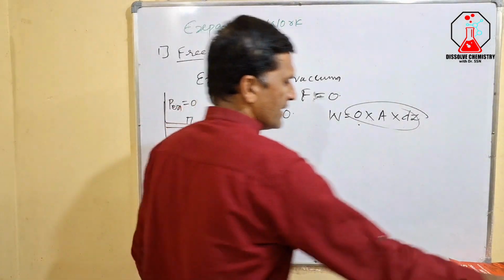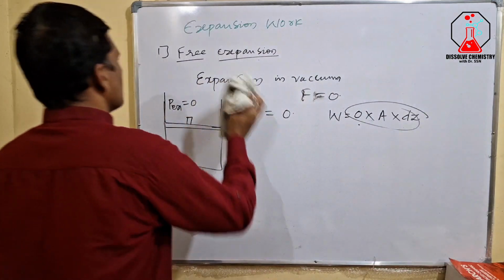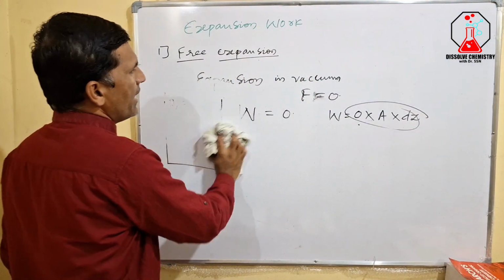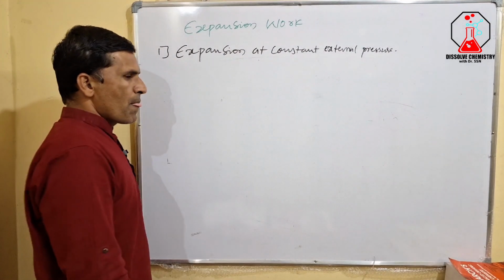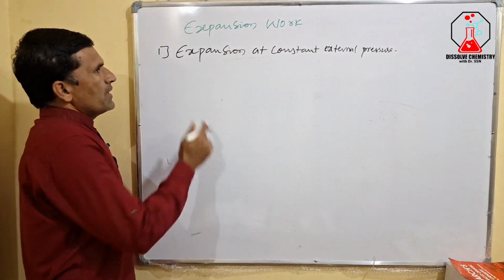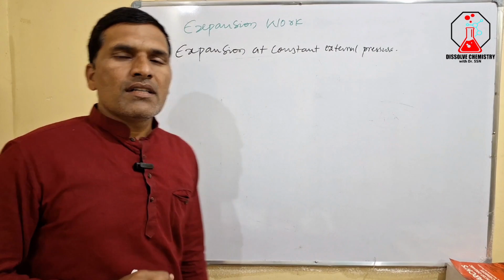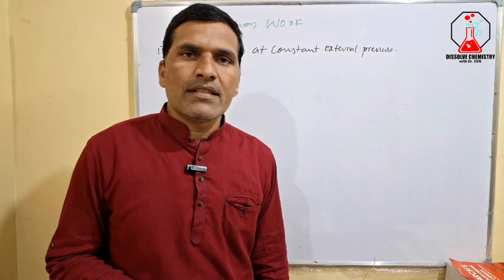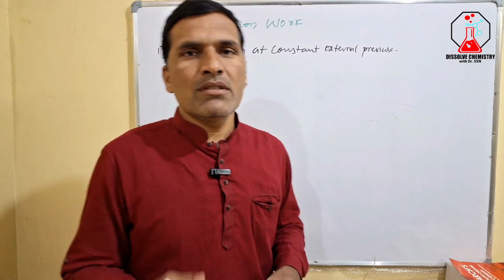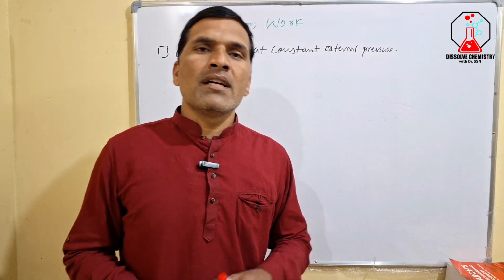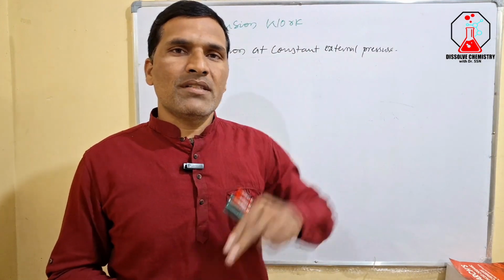Then the second type we will see is expansion at constant pressure. When the external pressure is maintained constant, the expansion is due to whatever change happens in the system, against a constant pressure.